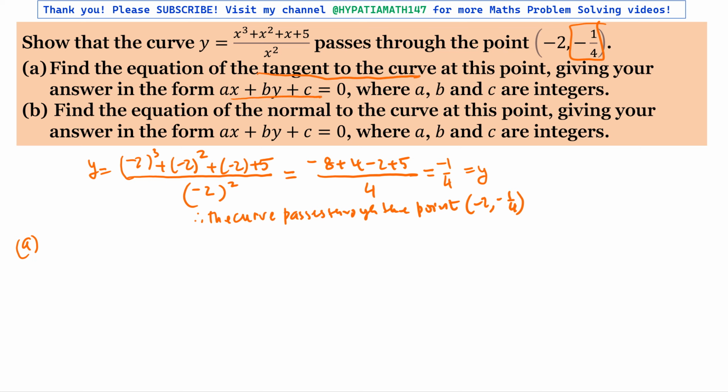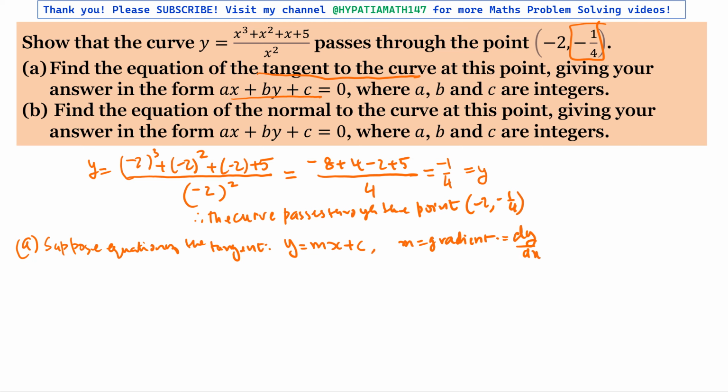So suppose the equation of the tangent is of the form y equals mx plus c, where m equals the gradient. To find the gradient, it can also be represented as dy/dx.